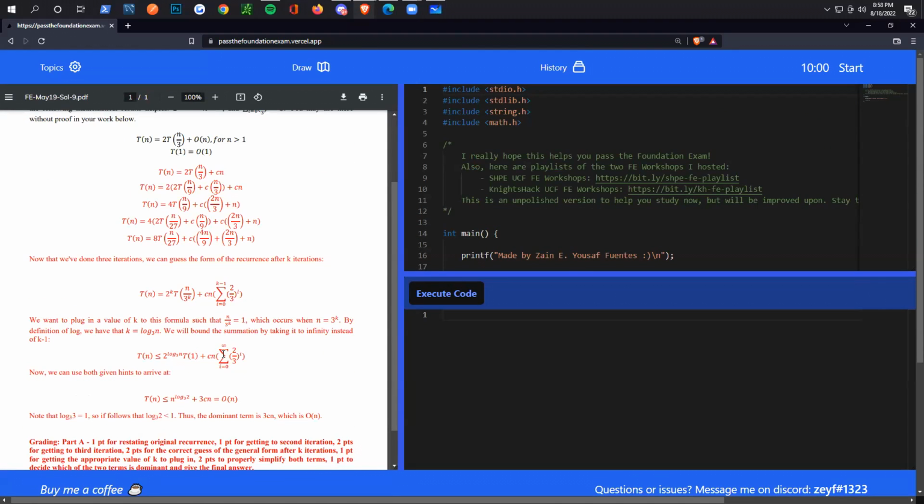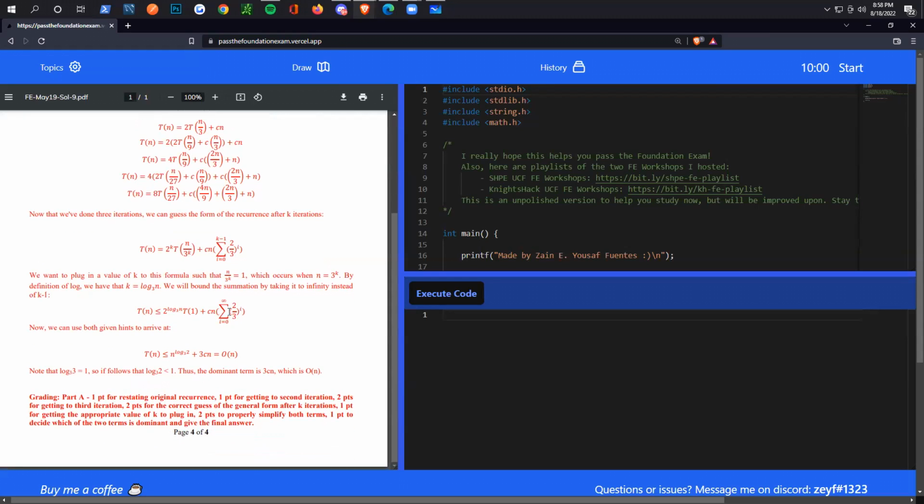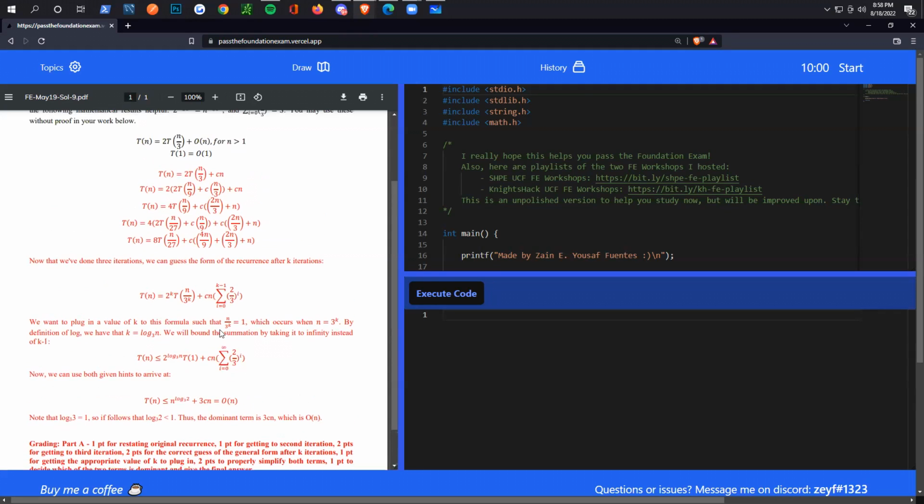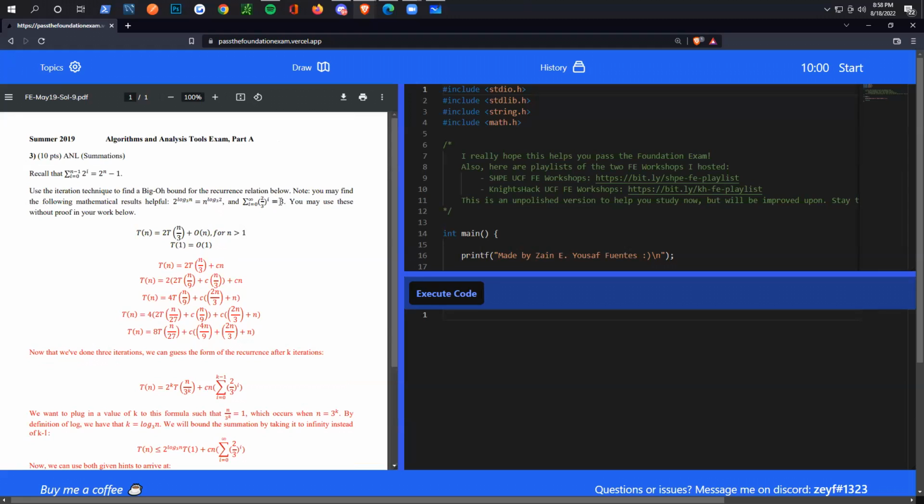So I ended up with the same idea. We will take the bound of the summation to infinity instead of taking k to the minus 1. Again, they did that for calc reasons. You don't really have to know why, but it pretty much approaches a value. It converges, the whole idea. It ends up approaching a value, and then that value just happened to be 3.